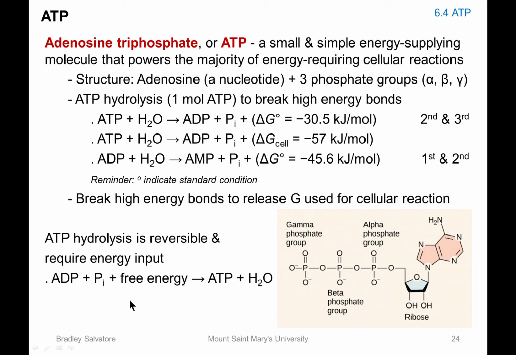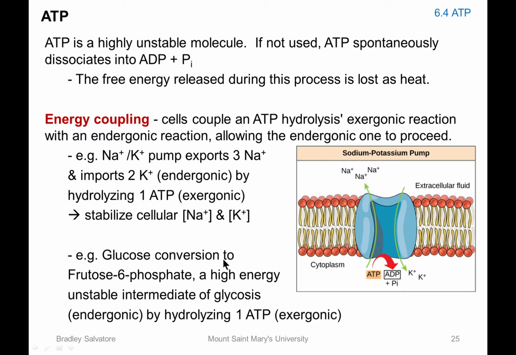And this process is reversible because we know that we can use ATP synthase to make ATP from ADP and an addition of an inorganic phosphate. And of course, that process will require an input of energy in order to form that ATP. ATP overall is a really highly unstable molecule.